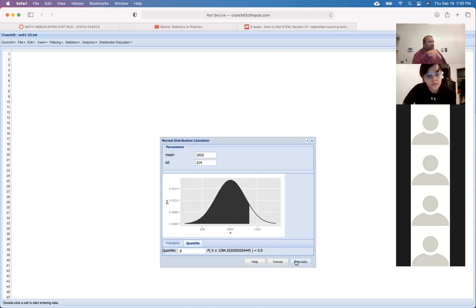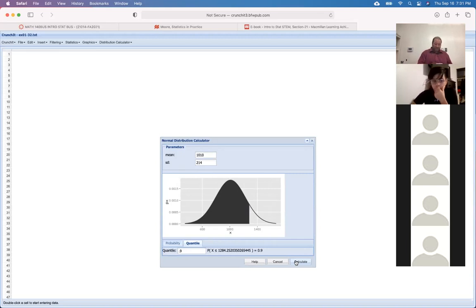So when you hit the quantile tab, you're computing the likelihood of being less than some number is that quantile. In this case, 90%, 0.9. You solve, you get the answer. So Crunchit gives the same thing as the calculator and the table in this case, at least to the necessary precision. Does that make sense? Yes.